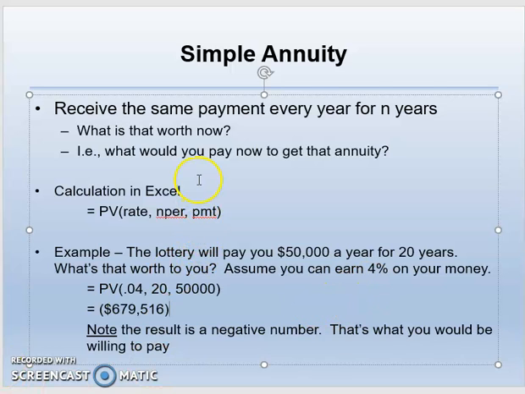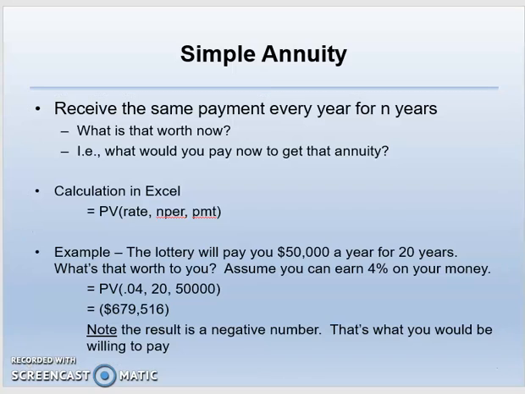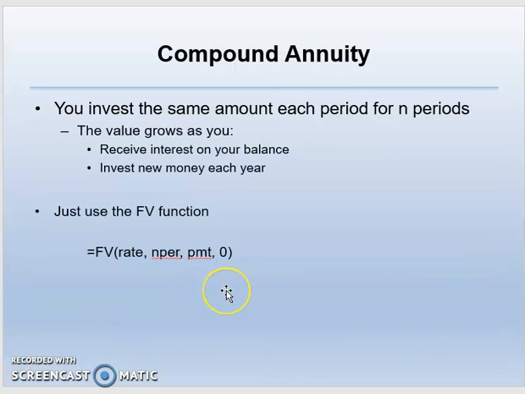So that's a simple annuity. You're going to receive the money every period. Well, you're going to have a compound annuity. This is where you get interest on the interest on the interest. This is back to Einstein saying compound interest is the most powerful force in the universe.